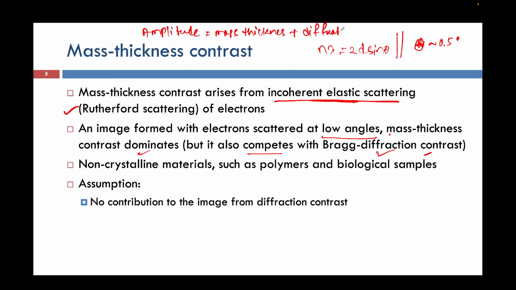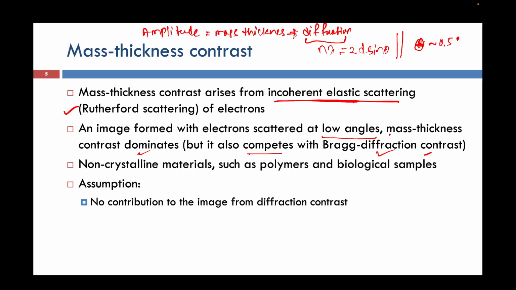So we want to minimize this diffraction contrast as much as possible. How can we minimize it? At this stage we will assume that there is no contribution to the image from diffraction contrast.